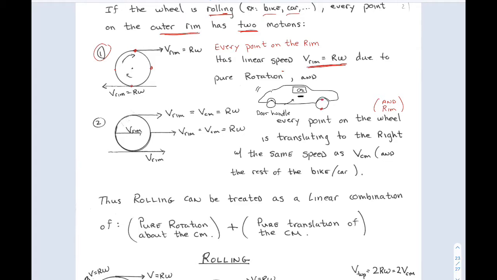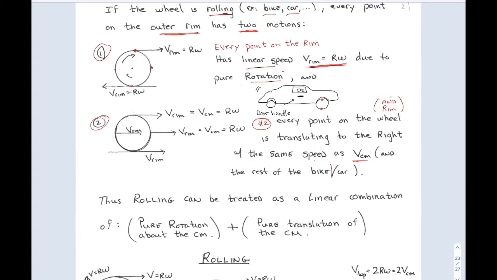But the wheel is attached to the car, which is headed down the road. So not only does every point on the rim have linear speed r omega due to rotation, but number two, every point on the wheel and the rim is translating to the right with the same speed as the center of mass and the rest of the car.